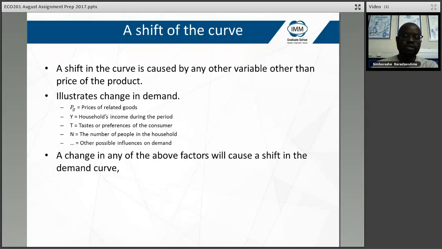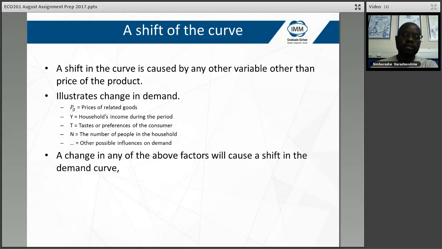For instance, you can see there that our price is going up, so we have a movement from point A to point B along the same demand curve. Alright? A shift of the curve is caused by any other variable other than the price of the product, where we are saying you're now moving on to a new demand curve.